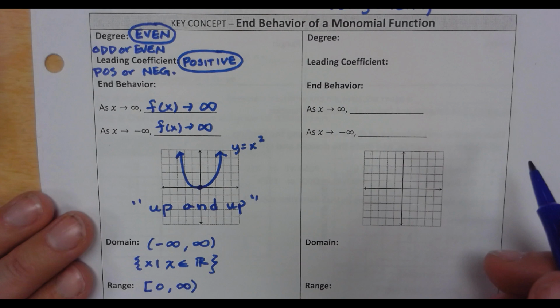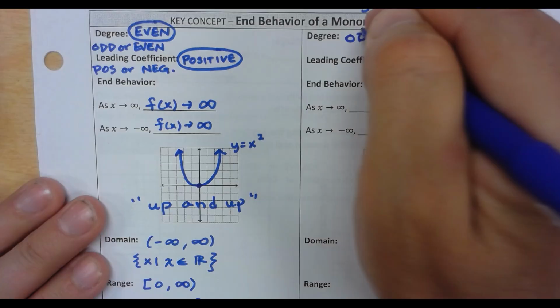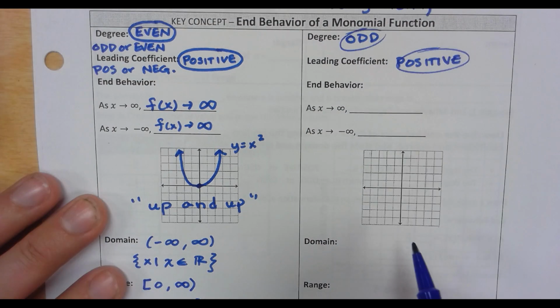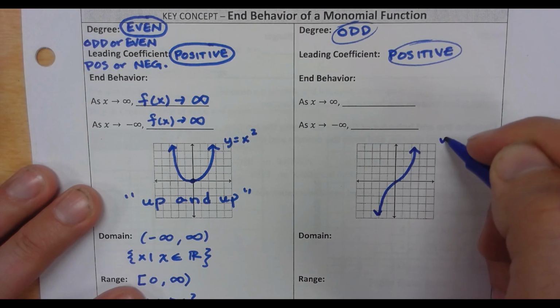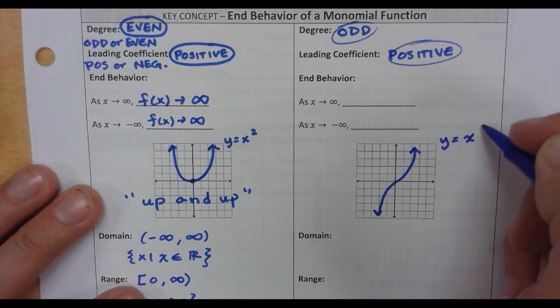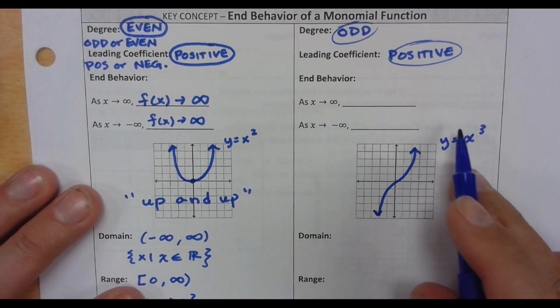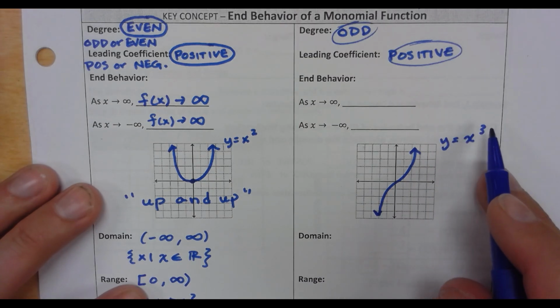Odd function. And let's look at an odd positive function. All right, odd positive is going to look like this. Example would be like y equals x cubed. All right, positive leading coefficient, which is 1.